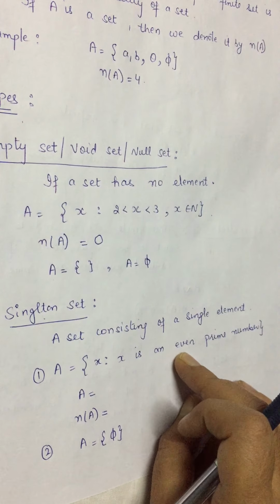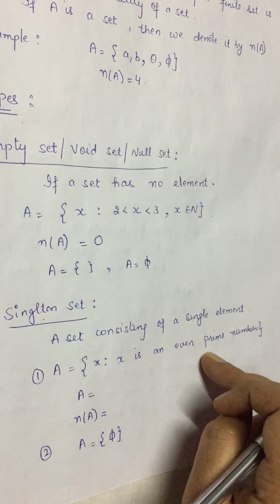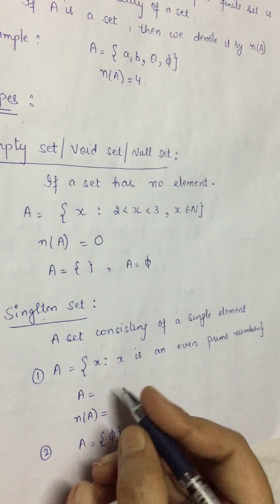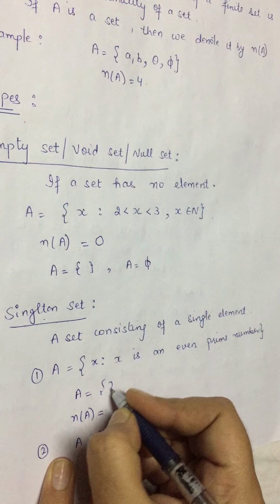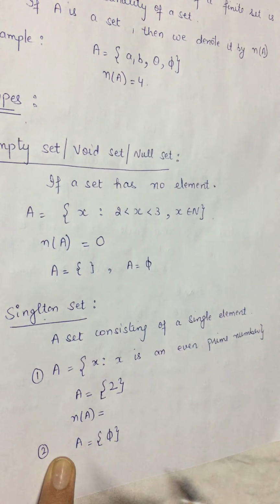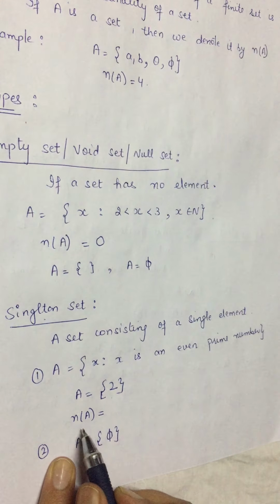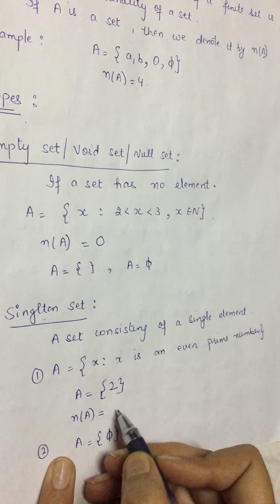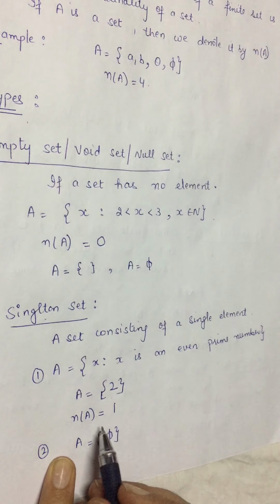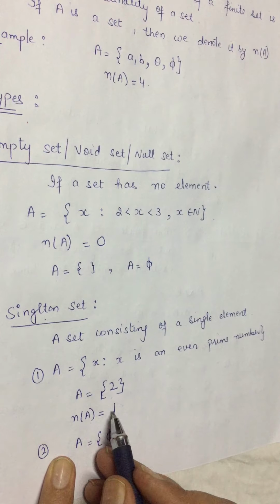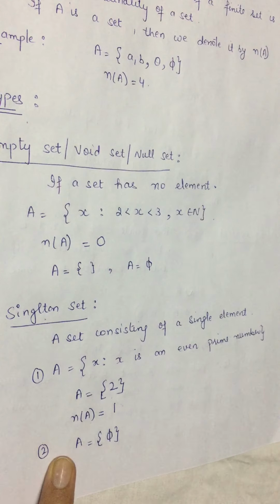So the number should be even as well as prime. There is only one number which is even as well as prime, and that number is 2. The cardinality of A is 1. So the number of elements in A is 1, and we can say A is a singleton set.